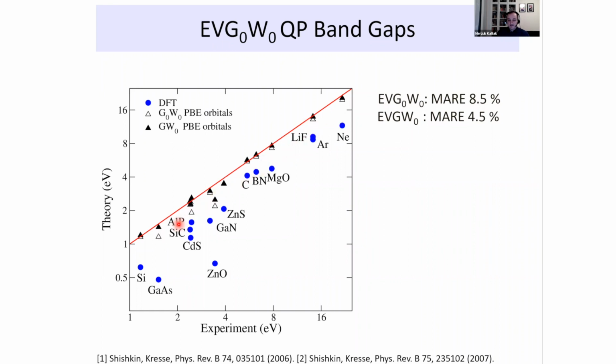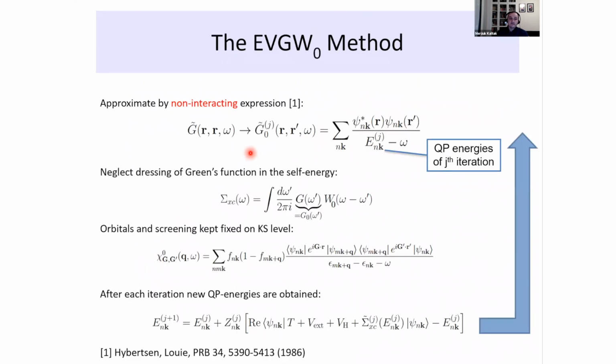Okay, but what are these filled triangles? You see that they actually have an even better agreement with the experiment. These values are calculated with a similar method, which is actually taking into account self-consistency in G. So this is the so-called EVGW0 method.